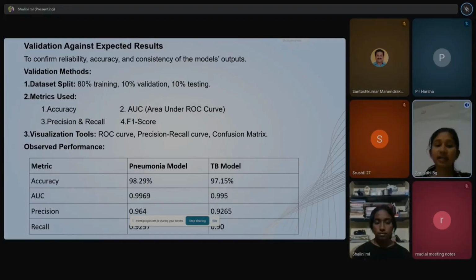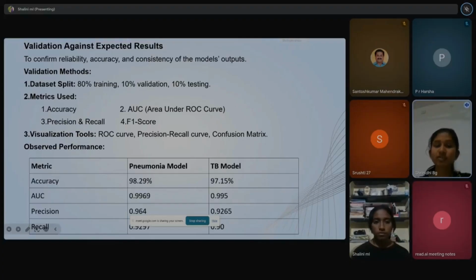Area under the ROC curve plots the true positive rate. In precision and recall, precision is TP divided by TP plus FP, the predicted positives and the sum of the false positives.